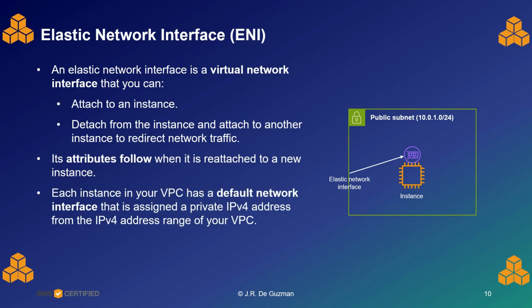Each instance in your VPC has a default network interface. We have here the primary network interface that is assigned a private IPv4 address from the IPv4 address range of your VPC. Just a reminder, you cannot detach a primary network interface from an instance, but you can create and attach an additional network interface to any instance in your VPC. The number of network interfaces you can attach varies by the instance type.